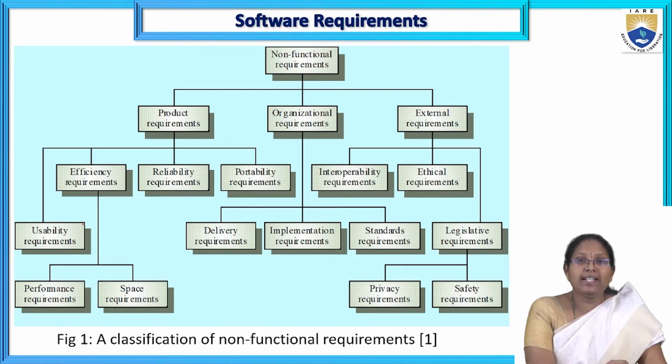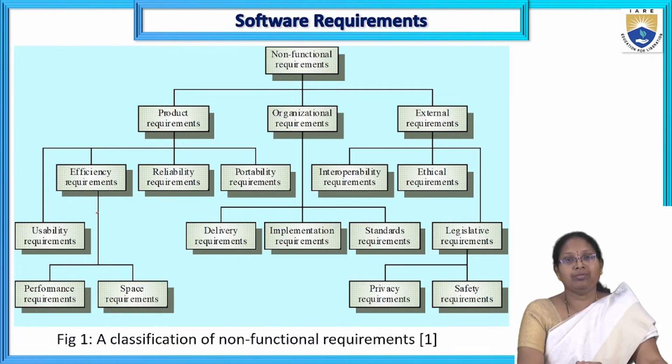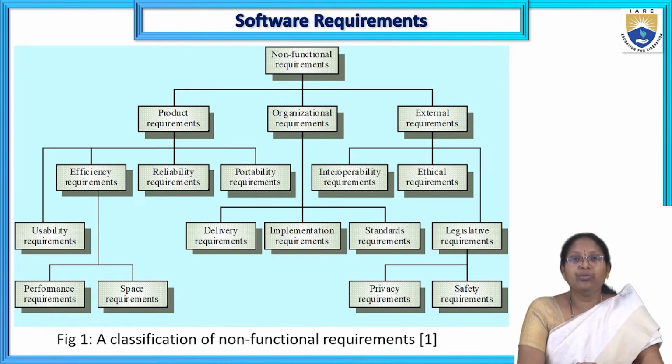Usability requirements: how we can use the particular software, what requirements are needed to use it in our system, and what external resources are required to run it. Those are usability requirements.